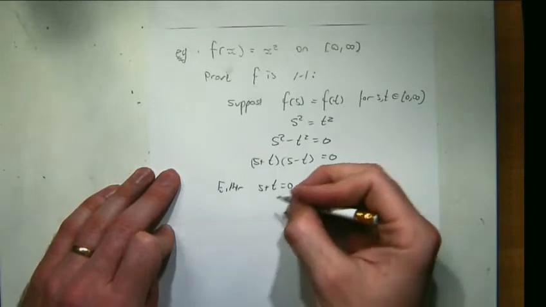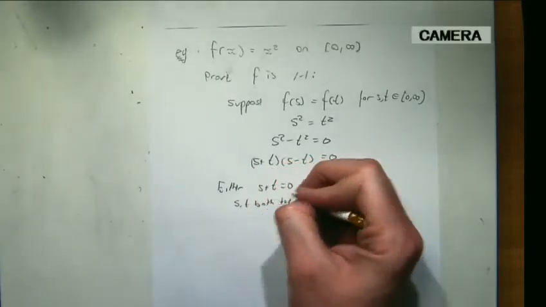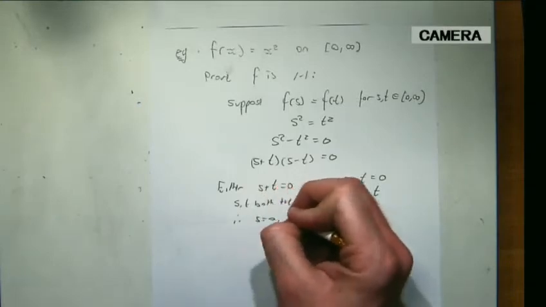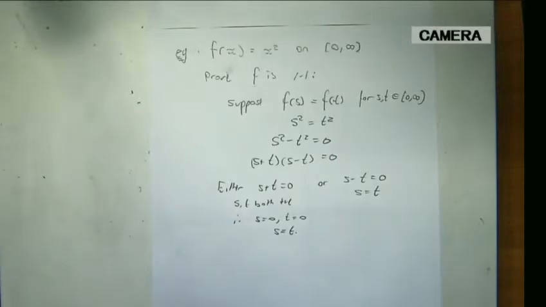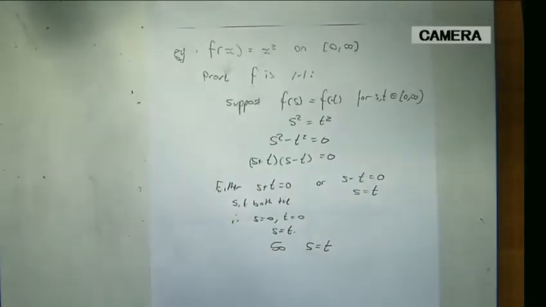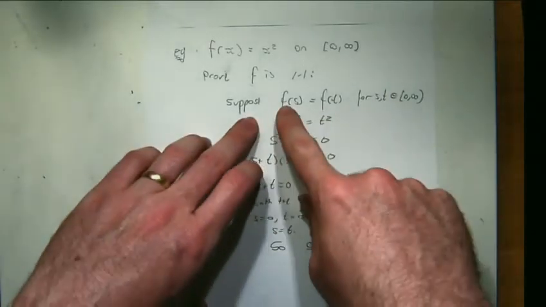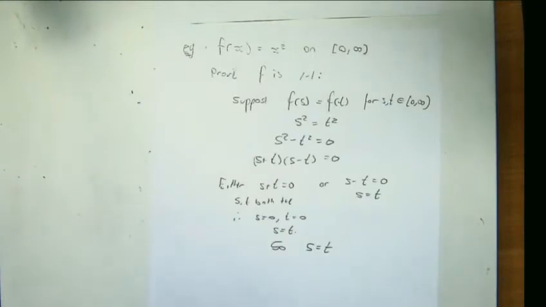So, s and t both positive, so therefore s equals 0 and t equals 0, so again s equals t. So, s equals t in either case. So I have a proof that began with suppose f of s equals f of t, and finishes with so s equals t, therefore it's one-to-one.